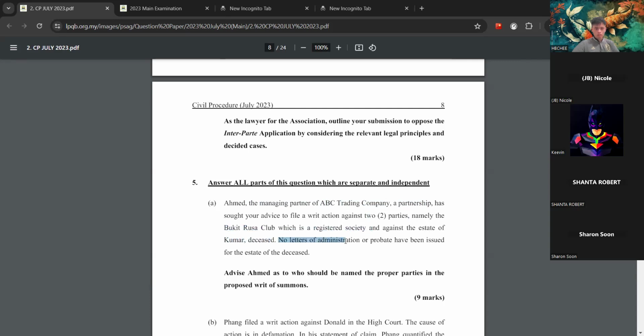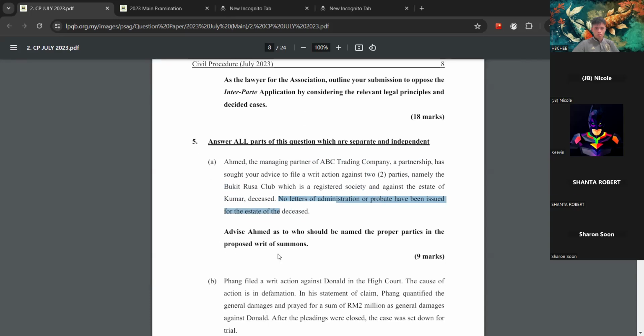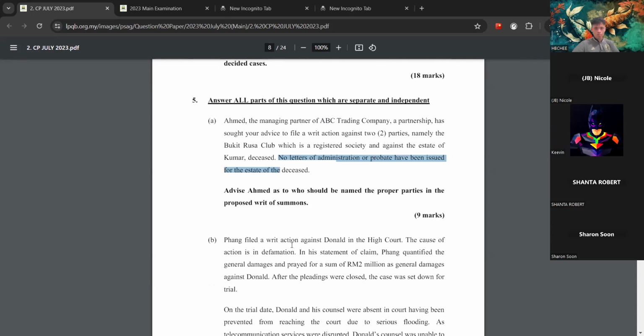No letters of administration or probate has been issued for the estate of the deceased. So now, advise Ahmad who should be named the proper parties in the proposed writ of summons. You may write your answer here.